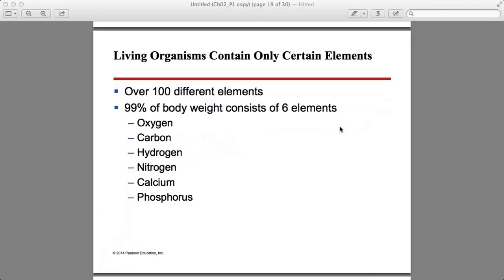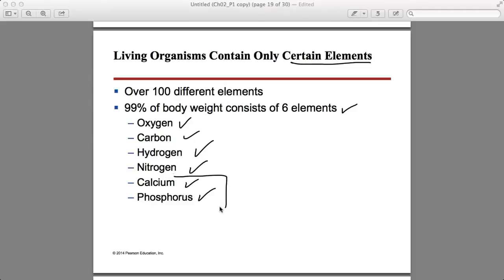When we look at living organisms, we see that most of what's in our bodies is only a few certain elements. Now, 99% of the body weight is six elements alone: oxygen, carbon, hydrogen, nitrogen, calcium, and phosphorus.